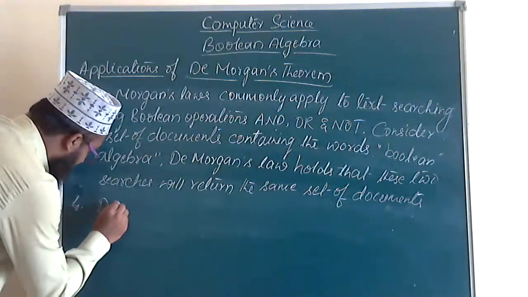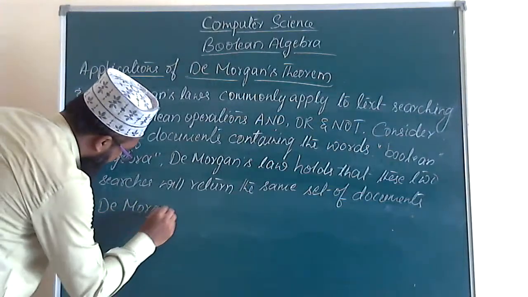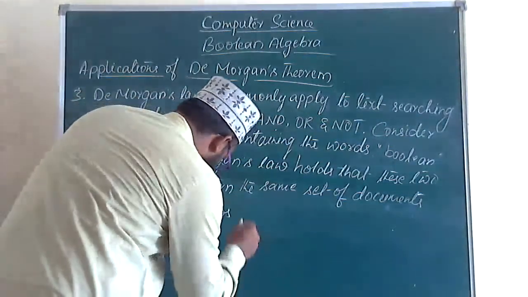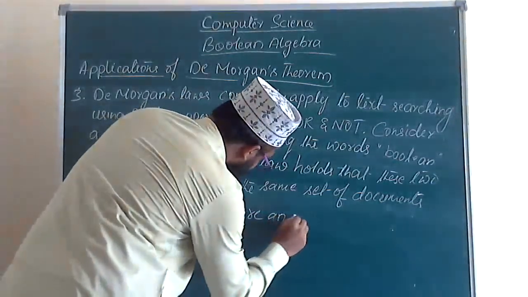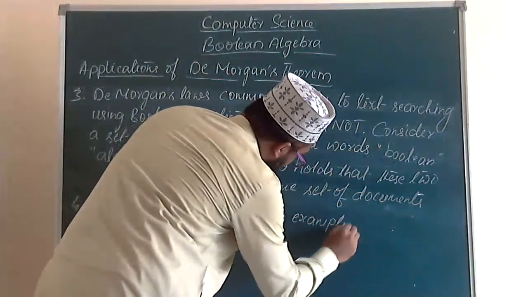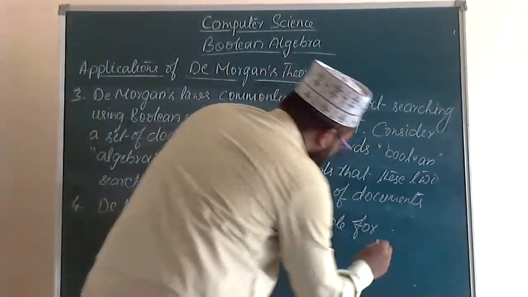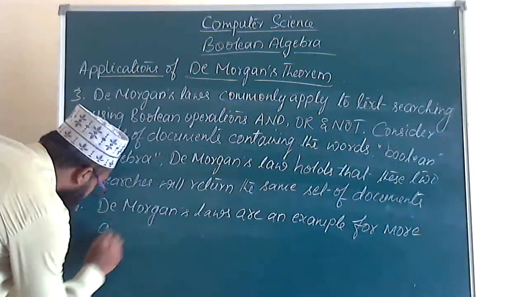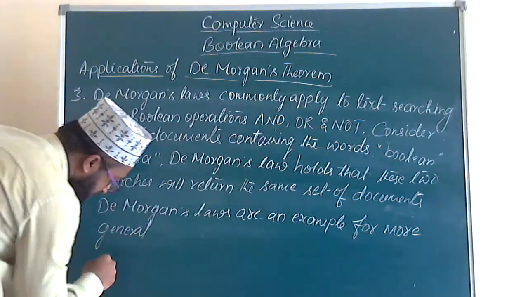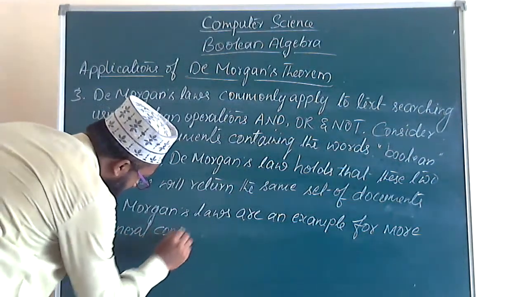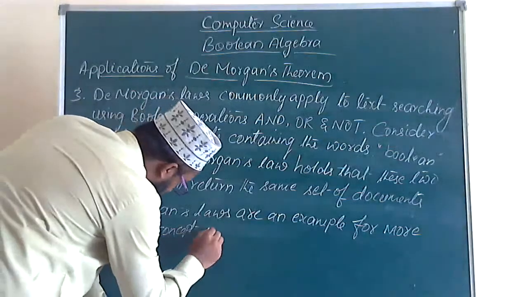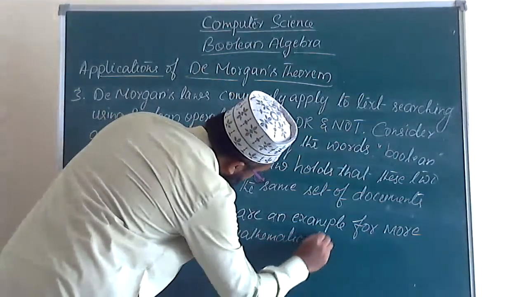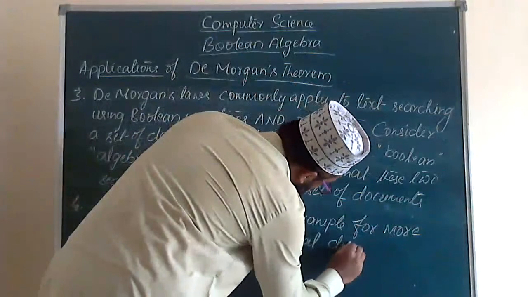The last point is De Morgan's laws. De Morgan's laws are an example for a more general concept of mathematical duality.